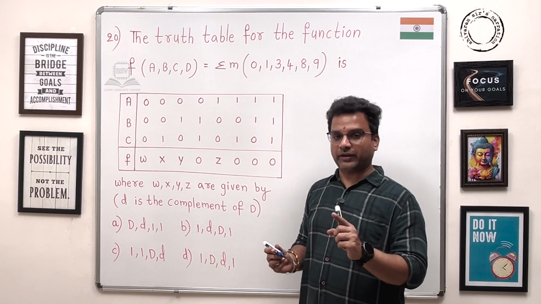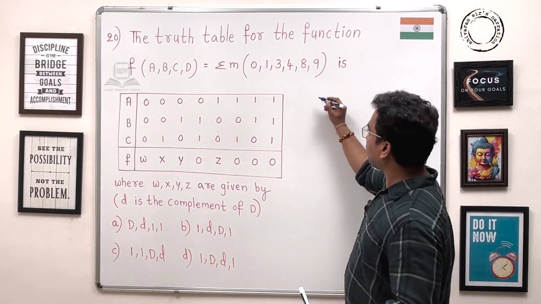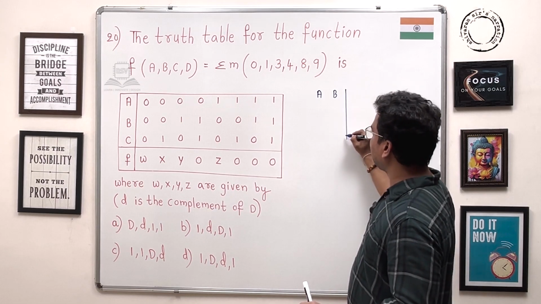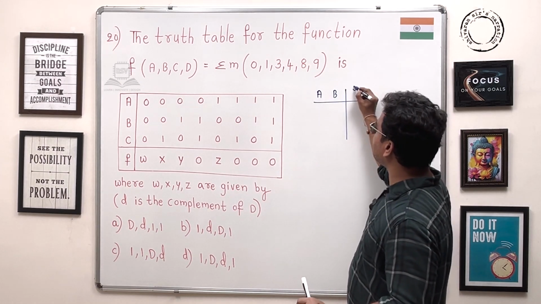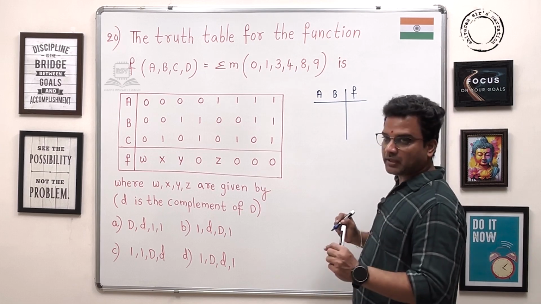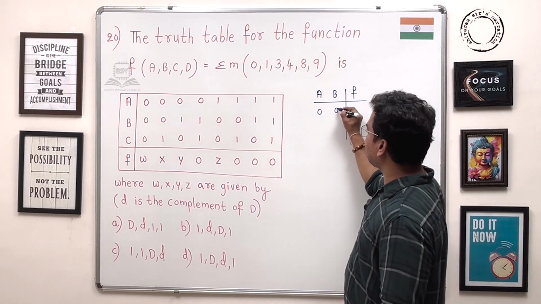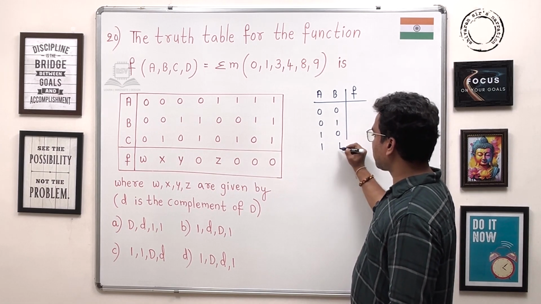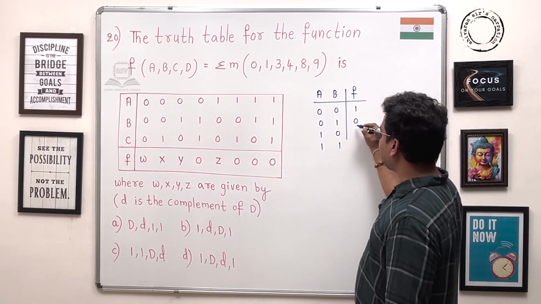Usually, for example, let us take a 2 variable K-Map or truth table. Let's assume f, with inputs 0 0, 0 1, 1 0, 1 1.